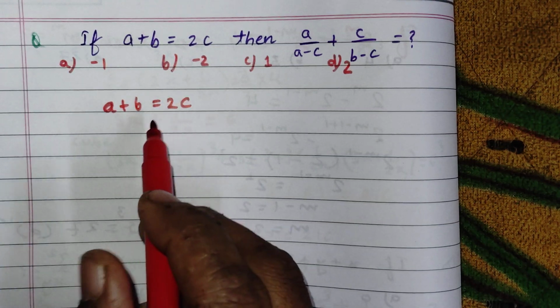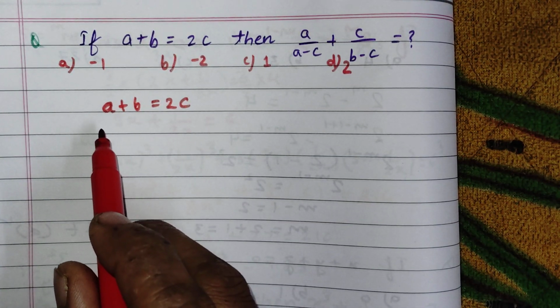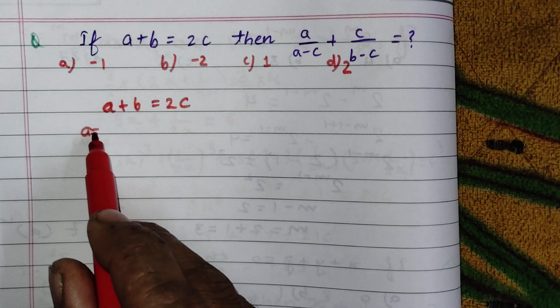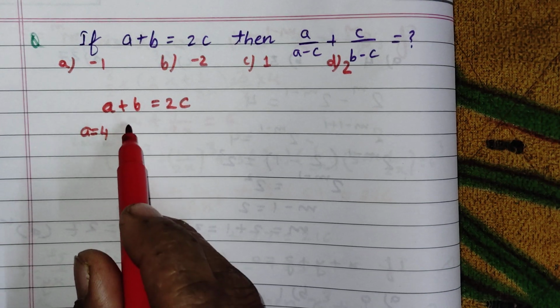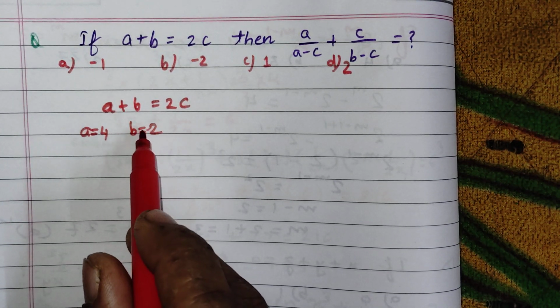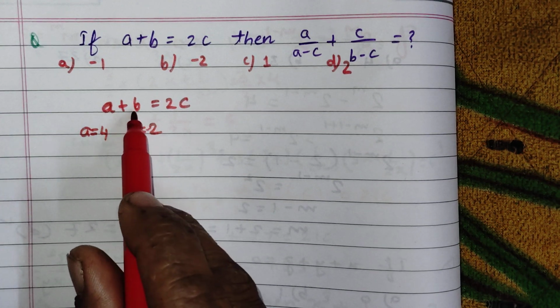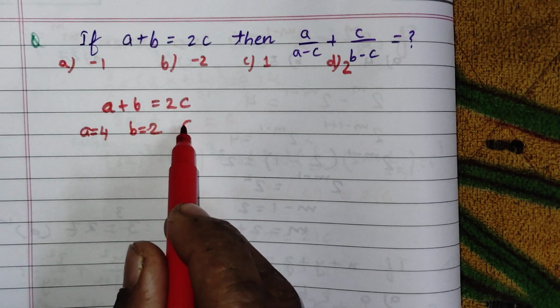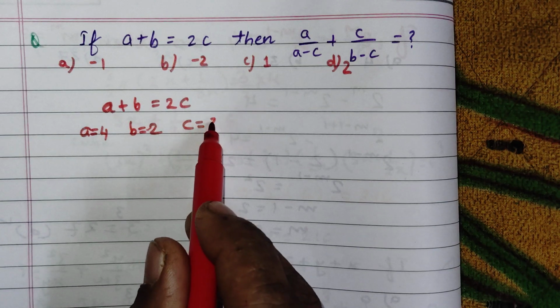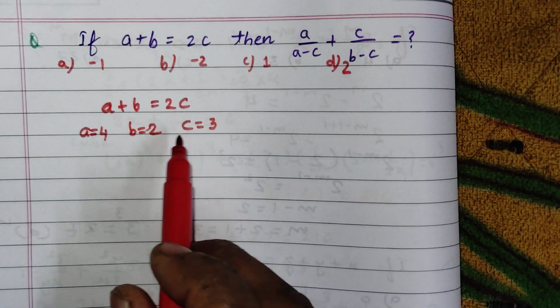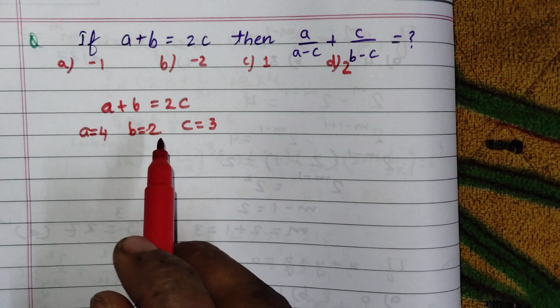So suppose a equal to 4 and b is 2. So in this case, 4 plus 2, a plus b means 6. So c value will be 2 into 3, so 6. So we get a, b, c values first by assuming.